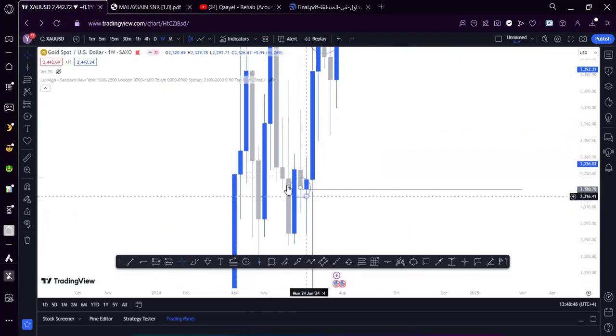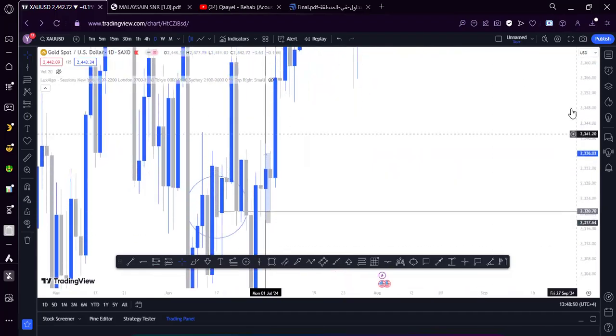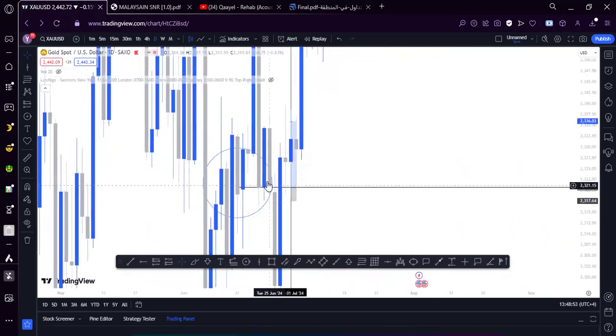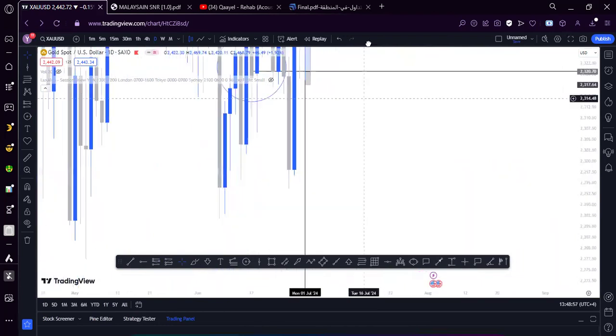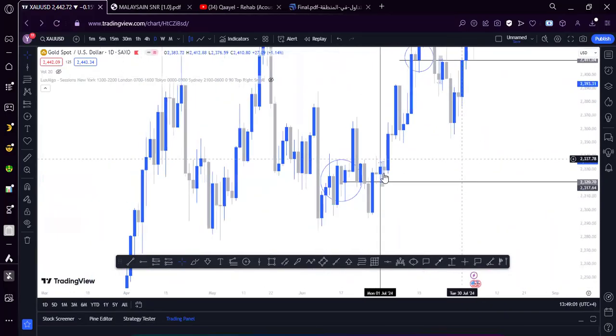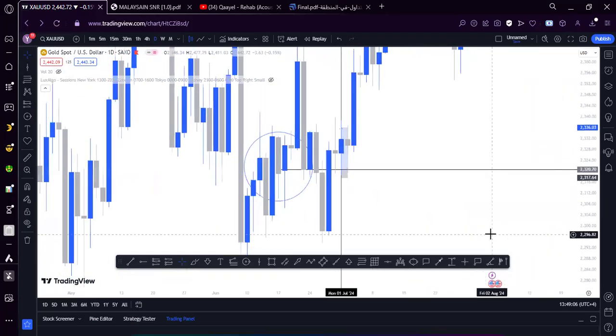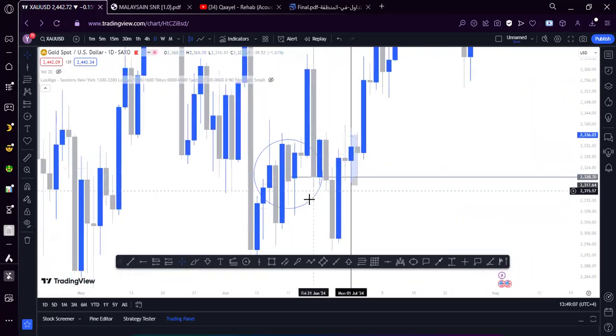So after we mark the weekly level, we need to drop one time frame lower, which is the daily time frame. We see the daily time frame is aligned with the weekly.